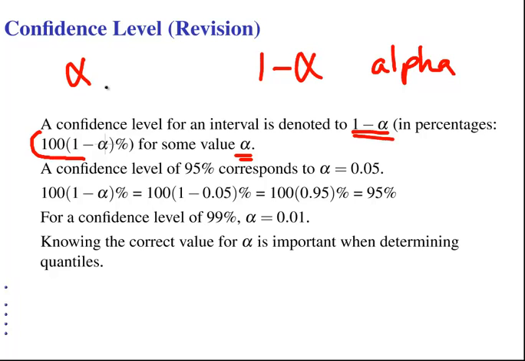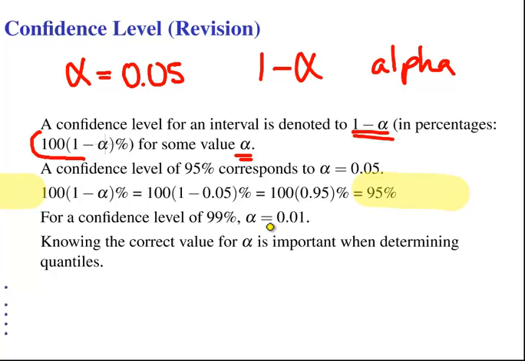If we're talking about 95%, alpha is 0.05. So a confidence level of 95% corresponds to an alpha of 0.05. And there's a little way of how it works out. This one here, I'll let you look at that yourself. Try that with a bit of pen and paper.